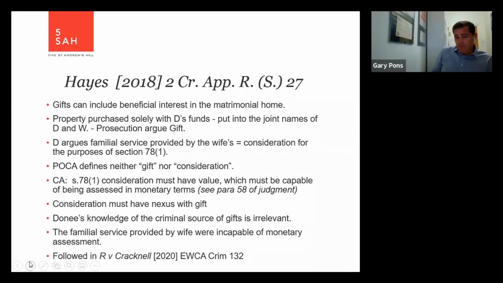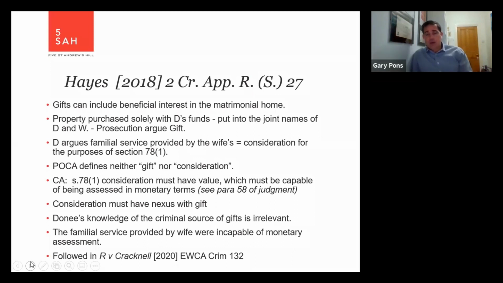The familial services provided by the wife were incapable of monetary assessment, and the decision in Hayes was followed in the case of Cracknell. So that is a summary of how third-party issues, tainted gifts, and the position of the wife or husband are dealt with in confiscation proceedings.